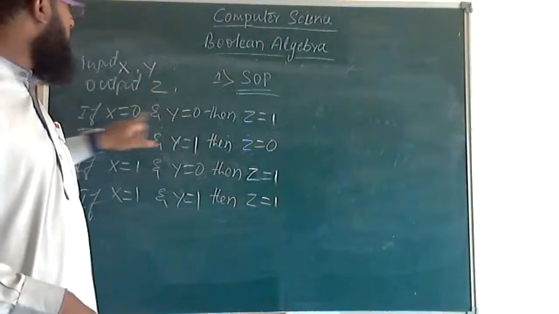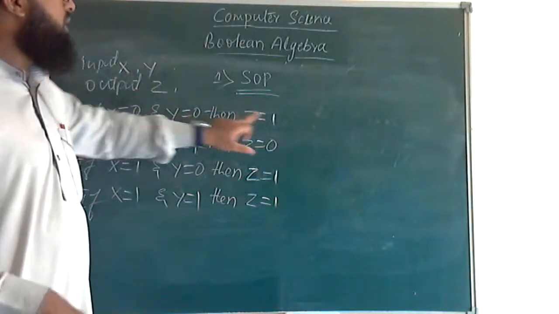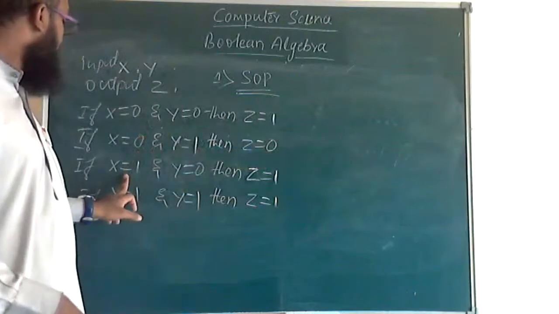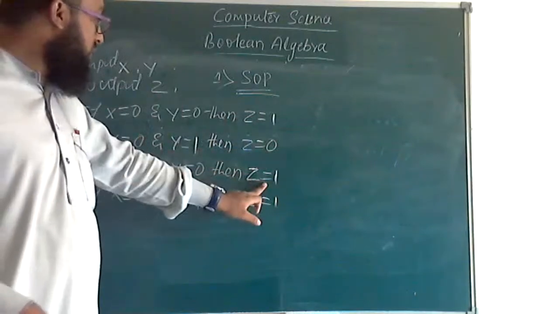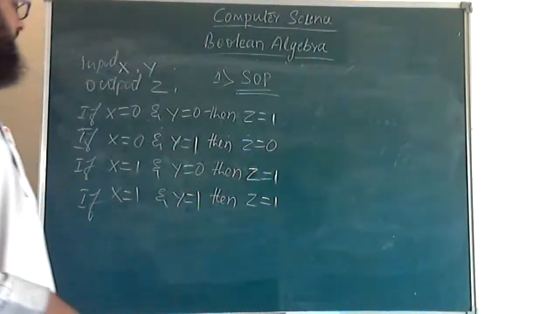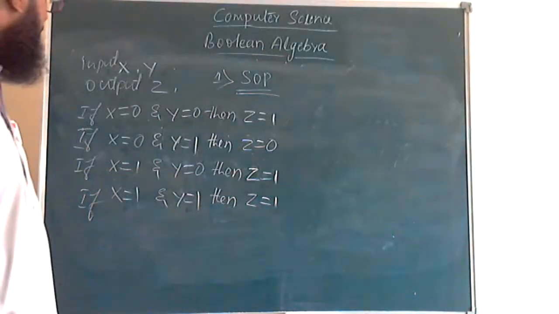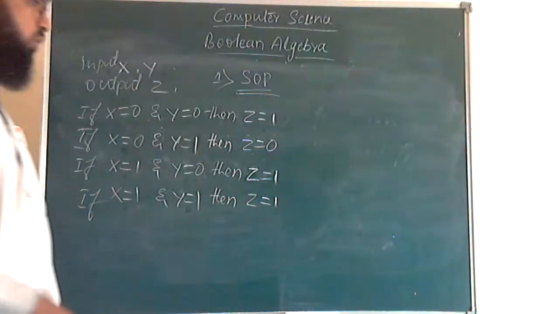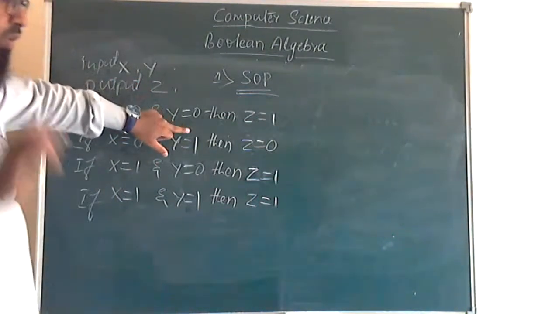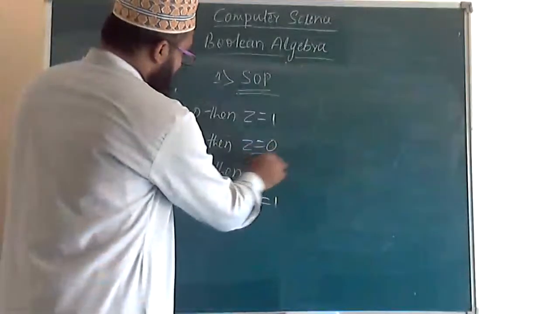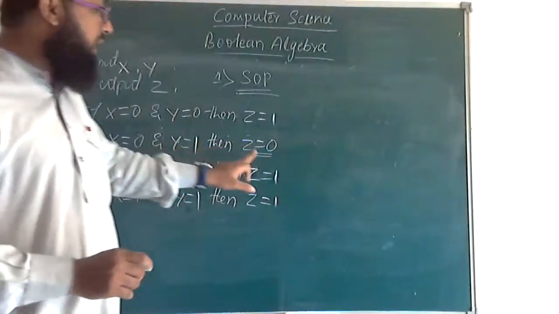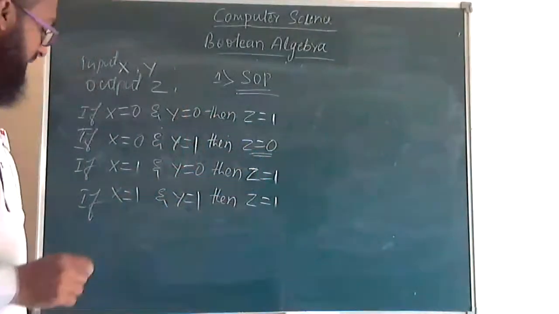If x is equal to 0, y is equal to 1, then z is 0. If x is equal to 1, y is equal to 0, then z is 1. If x is equal to 1, y is equal to 1, then z is 1. Here, the condition is that only when x is 0 and y is 1, only at that time z will be 0.